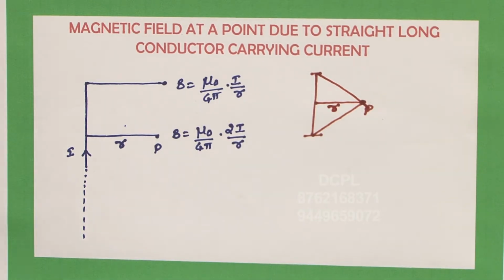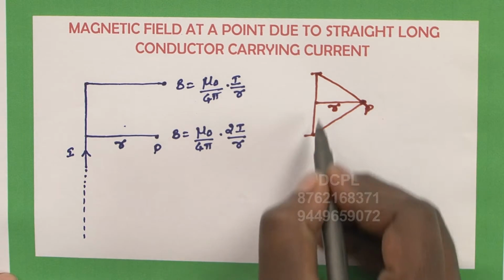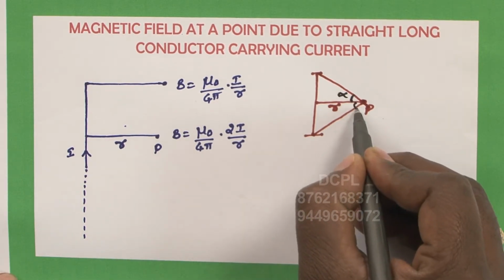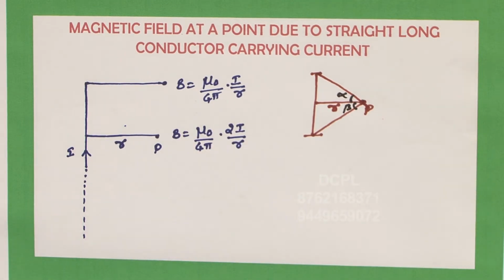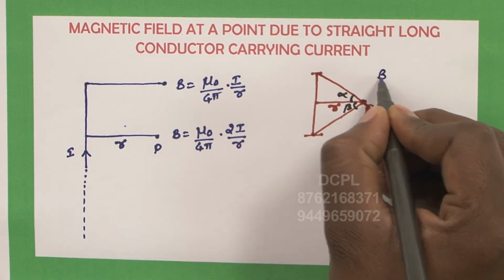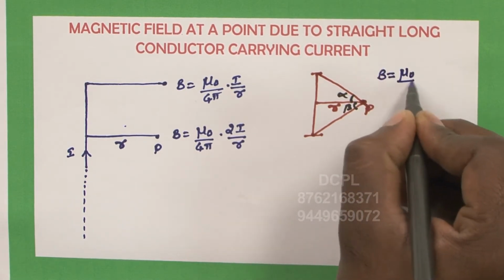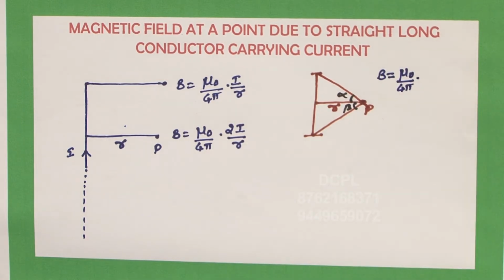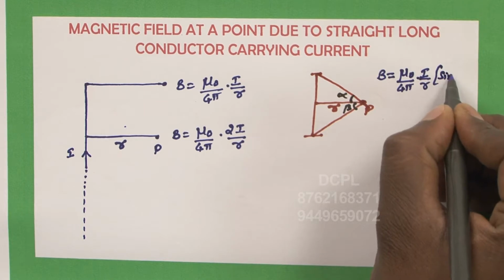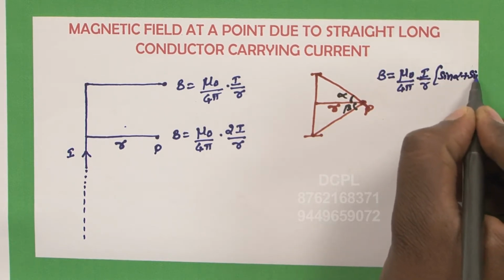Then the lines joining the ends of the conductor to the point P make an angle alpha, and here the angle is beta. Then the magnetic field at this point P is given by mu naught by 4 pi into I by r into sin alpha plus sin beta.